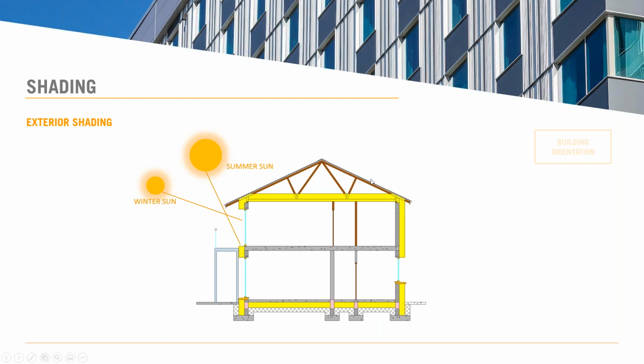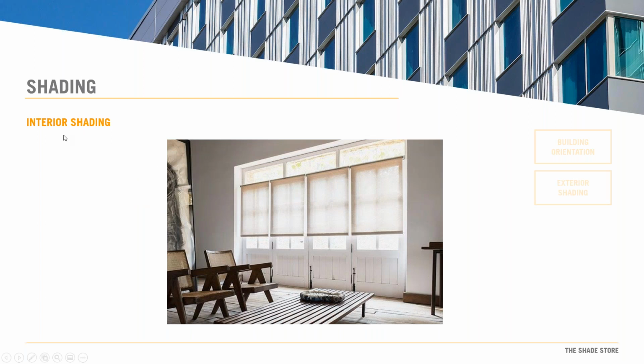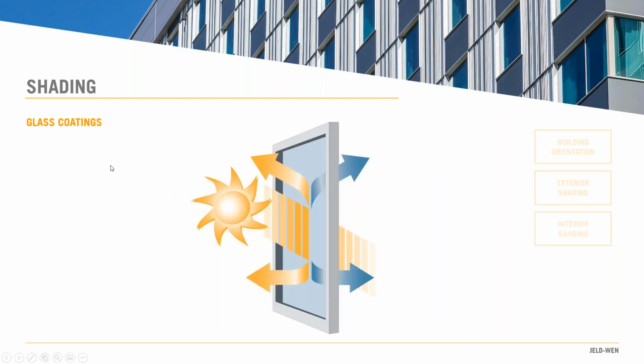They're really a unique component in that respect. Once you've done overhangs, then interior shading is a next consideration that can help. However, interior shading can help you with privacy and glare, but the heat gain is not going to really be helped here because it's on the inside. That solar gain has already happened. It's already inside the building.